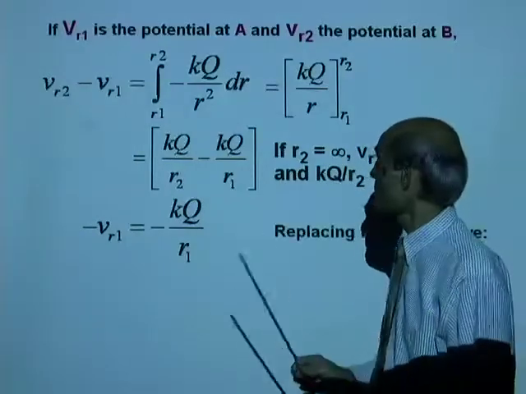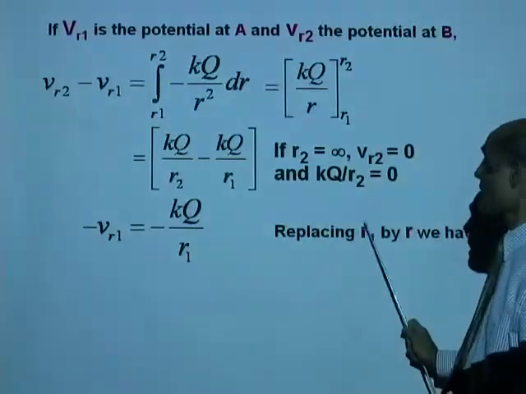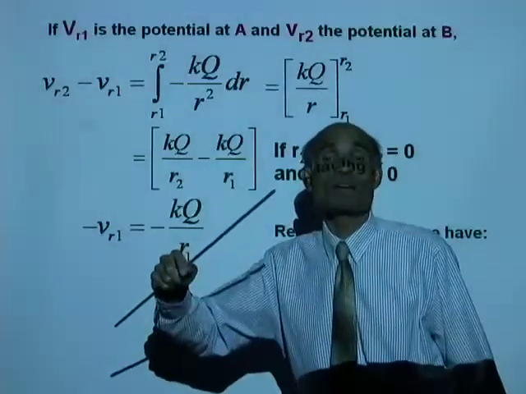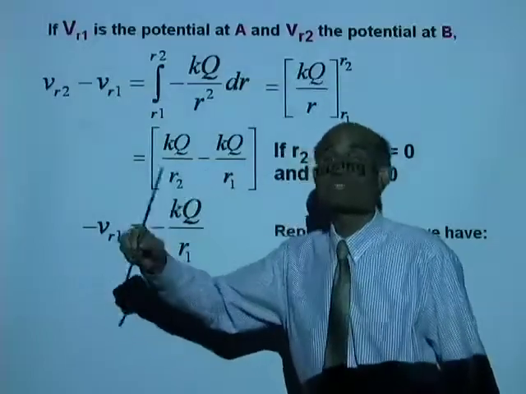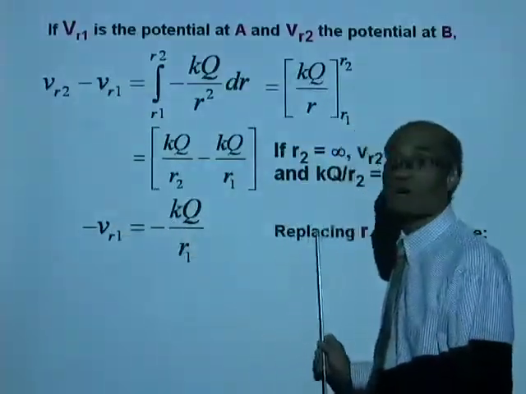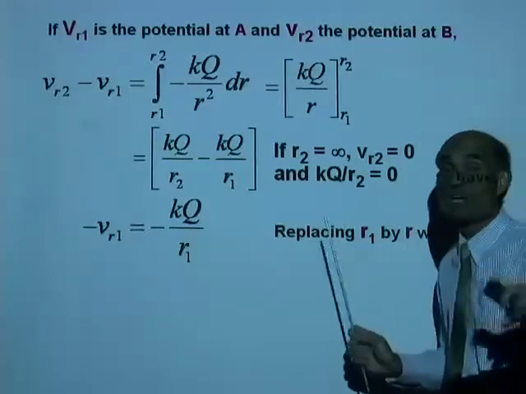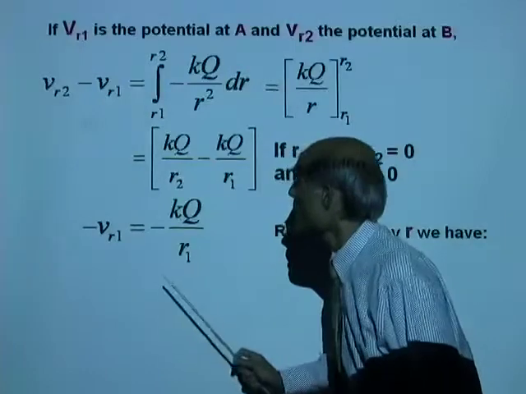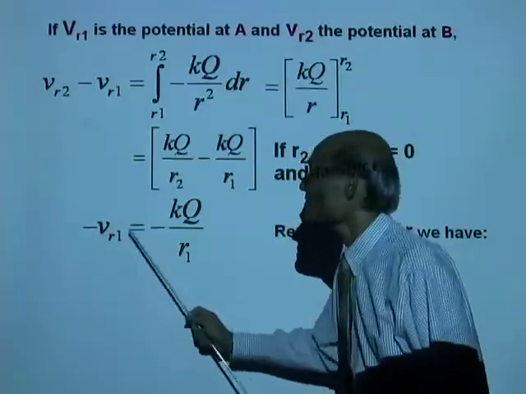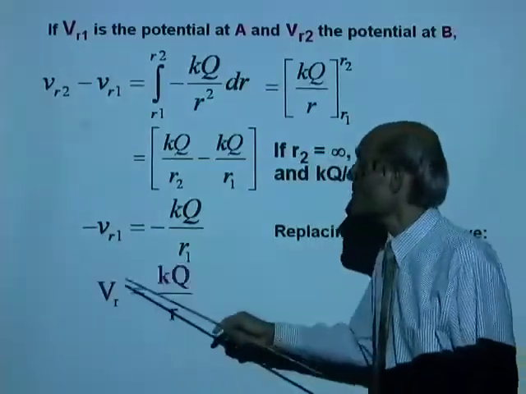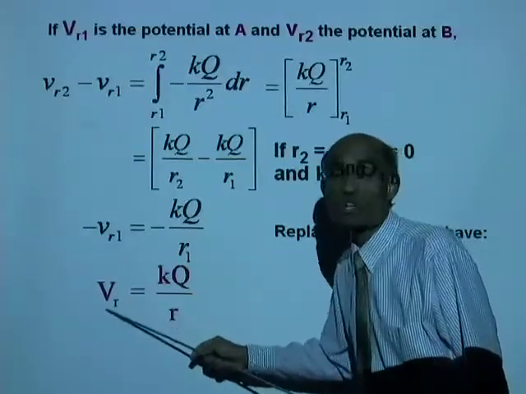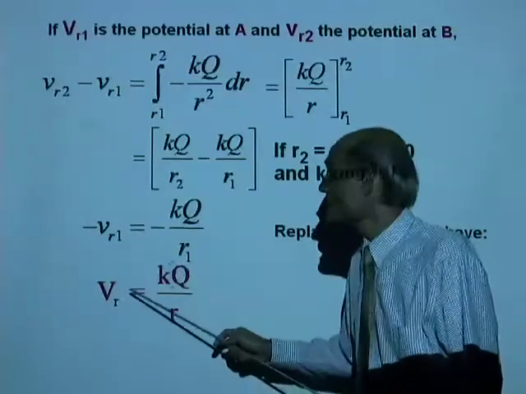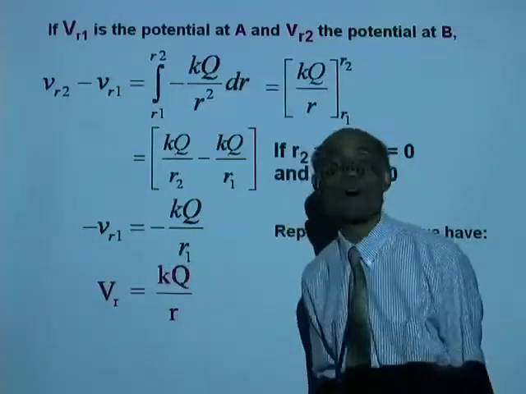And what does that give you? Instead of calling the distance r1, we're going to say let the distance of the point be r, measured from where? Measured from the center of the charge. If you now replace this r1 by r and cancel the negative signs from both sides, we get V(r), the potential at a distance r from a charge Q, is kq over r.